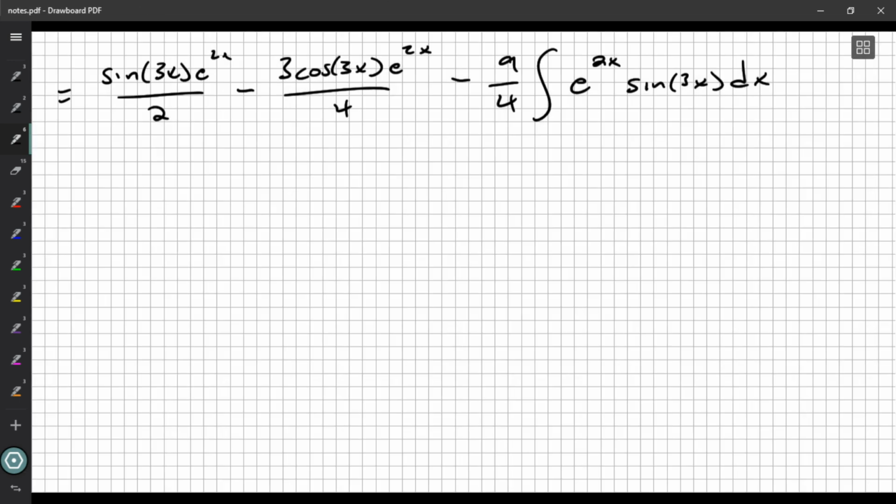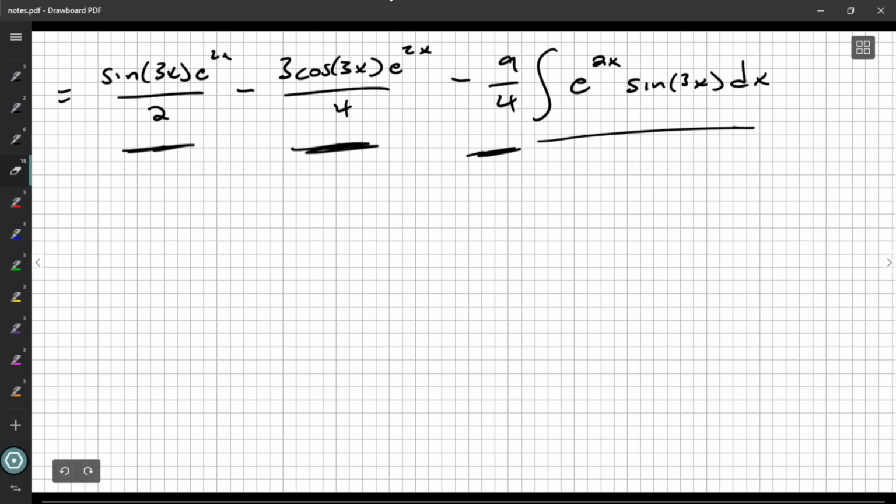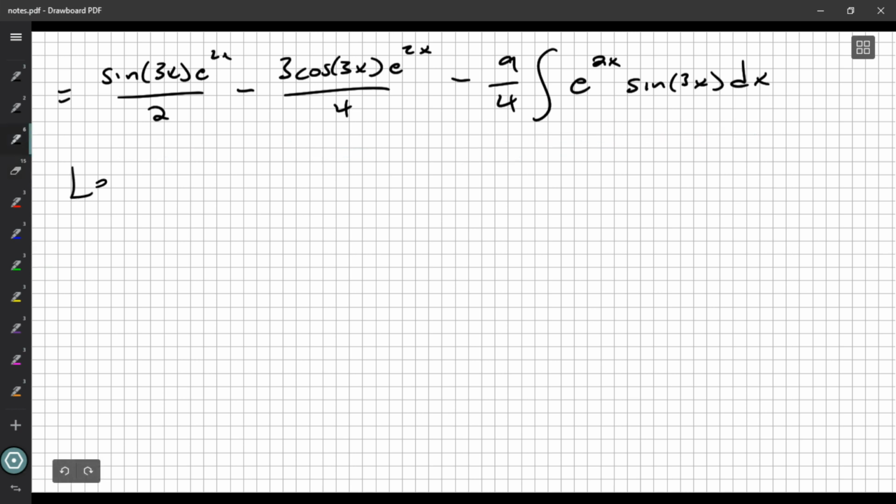So you ask yourself, did we just go around in circles? No. And here's how you can tell why. These parts up front, they don't cancel each other out. And we're not just left with one copy of this, we've got minus 9/4. So here's what we're going to do. We are going to be a little fancy.